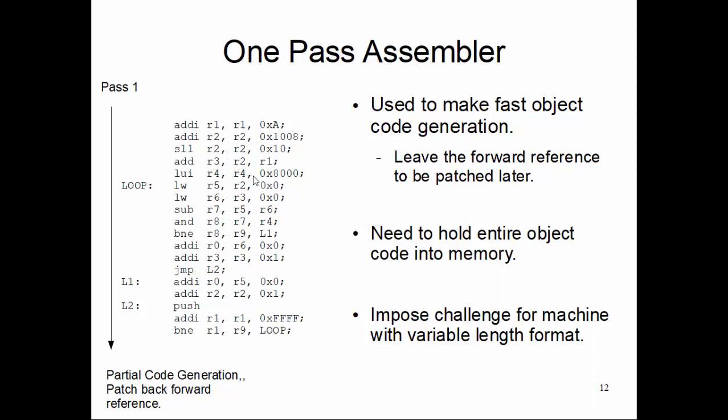We can just generate the machine code. Even if we come to the very last statement, which is referring to the loop, I know where the loop is, because I have already encountered the definition of loop in my sixth statement. So when it is being referred, I know its address.